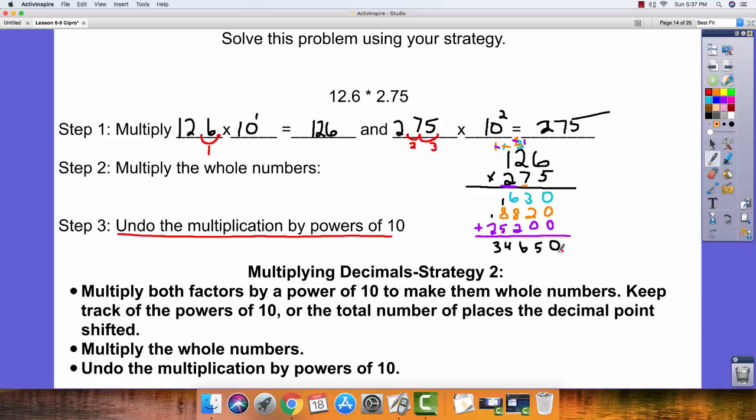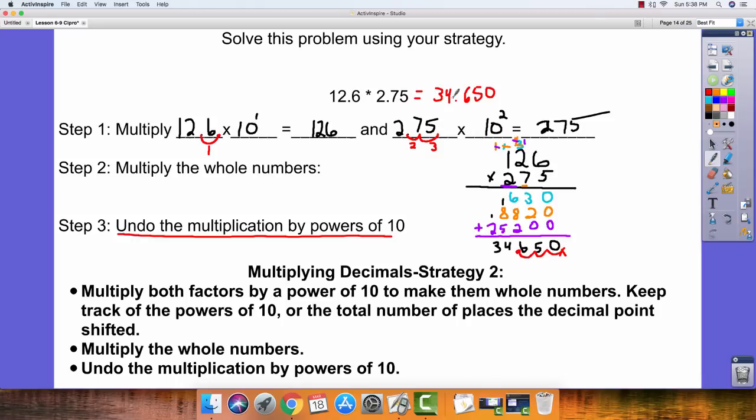So I need to make sure that I move it back 3 places to the left. 1, 2, 3. So this is where my decimal point is. So really, my answer is 34 and 650 thousandths.